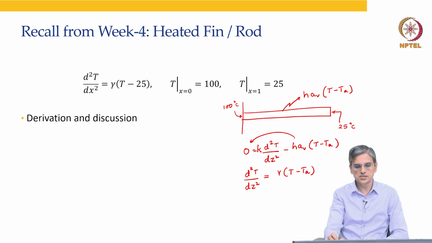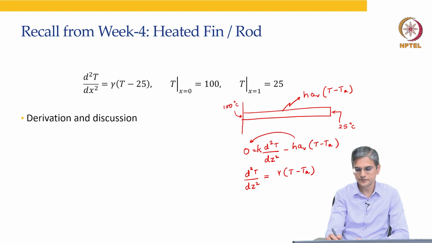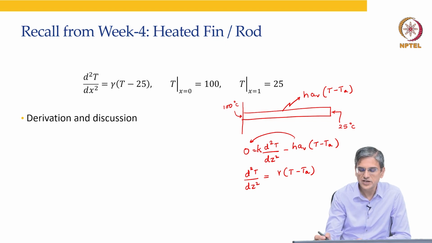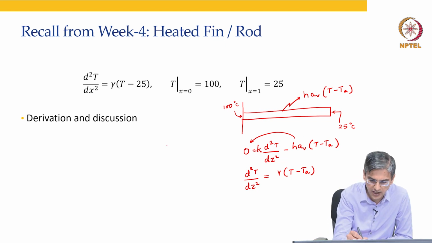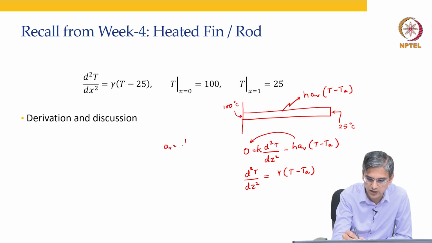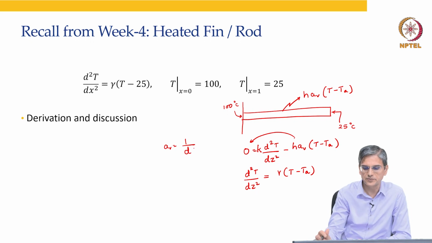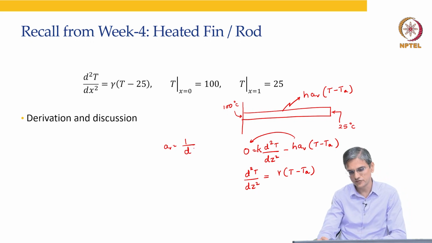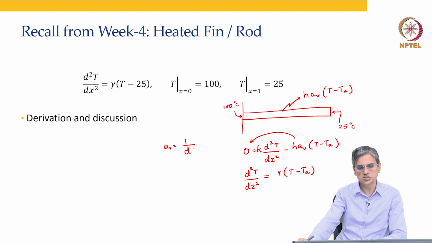That is the overall equation for a heated rod or a heated fin. A by V is area per unit volume, and if that is a cylindrical rod, then A by V is 1 by D, where D is the diameter of the rod.